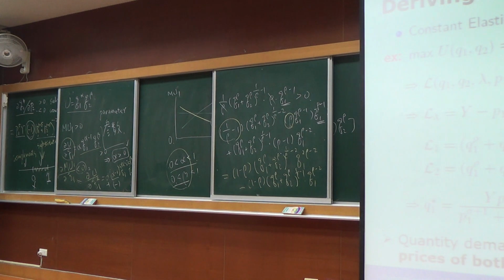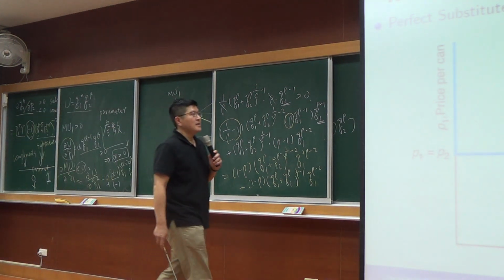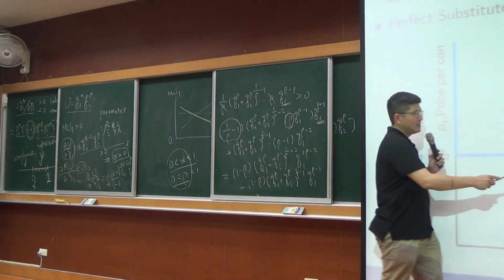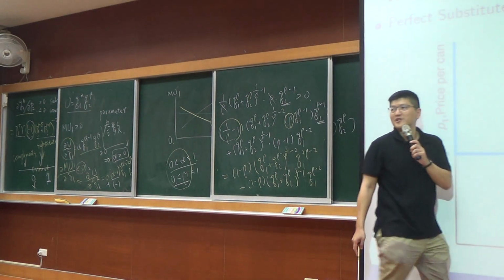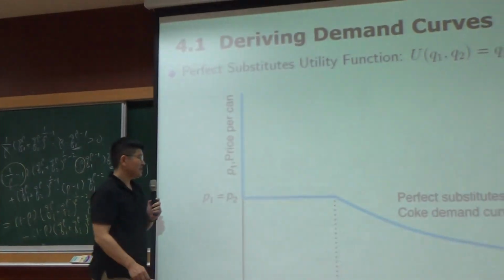So quantity demanded of each good is a function of the price of both goods and income. Oh, wow. How weird the demand curve is.